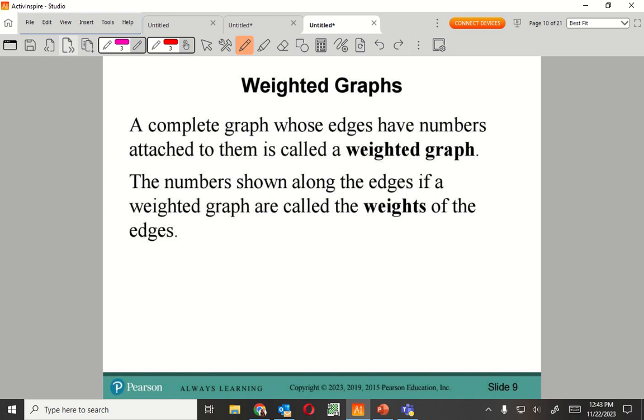When you go on vacation, the order that you go to those cities is important because sometimes you're going to have cheaper or more expensive routes for each one. The numbers on the edges of a weighted graph are called the weights of the edges. So we have weights on each one, which is normally a dollar amount or a distance, which you're trying to either minimize or maximize.